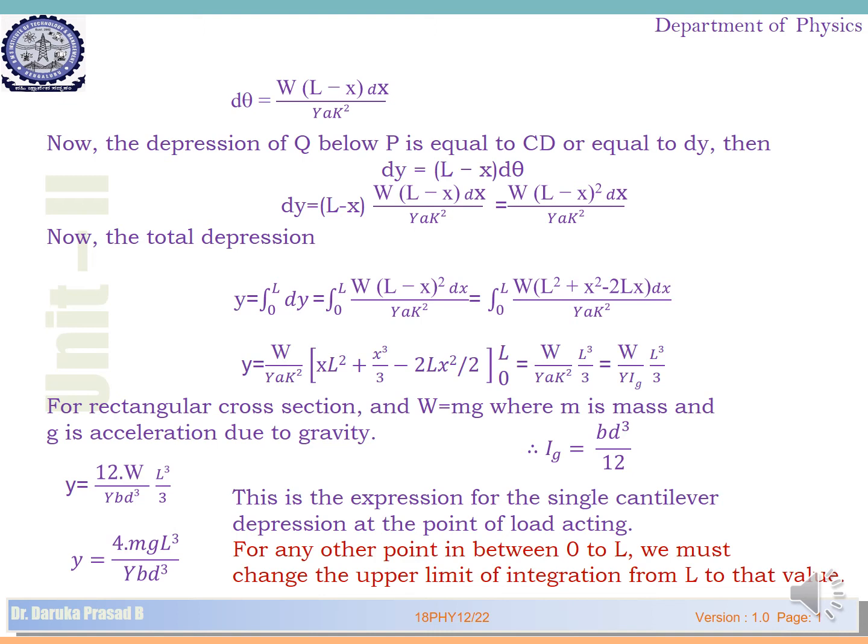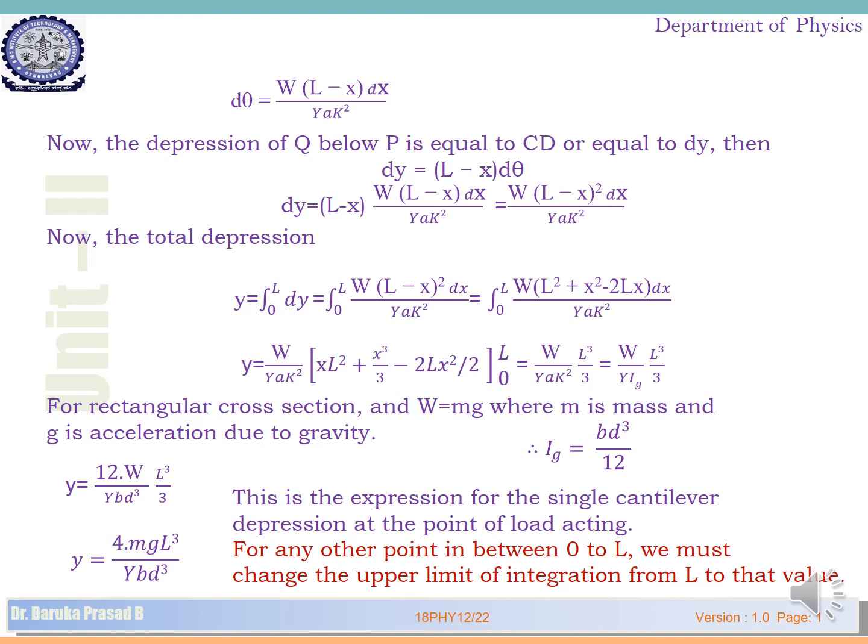For a rectangular cross section, you can write the I_G value as bd cubed by 12, as you have seen in the previous derivation, and you can write the weight W as mass into acceleration due to gravity. So W equals mg.